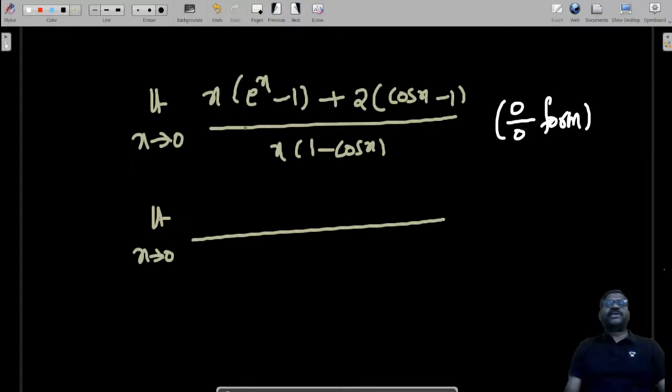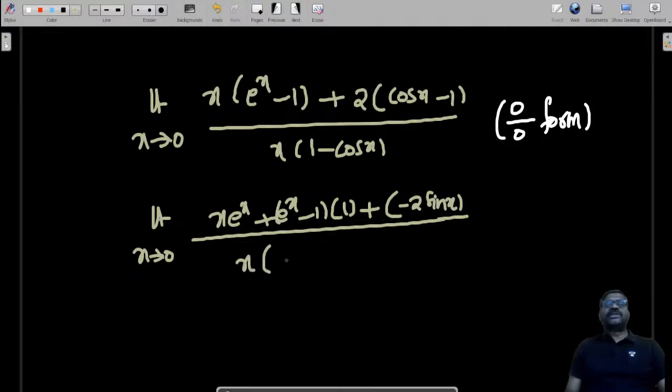Differentiation of numerator is x into e power x plus e power x minus 1 into 1. Differentiation of 2 cos x is minus 2 sin x. Differentiation of 1 minus cos x is sin x. 1 minus cos x into differentiation of x is 1.